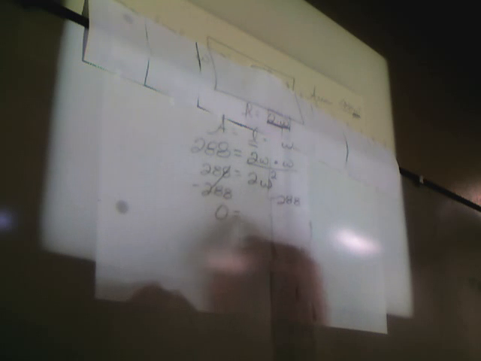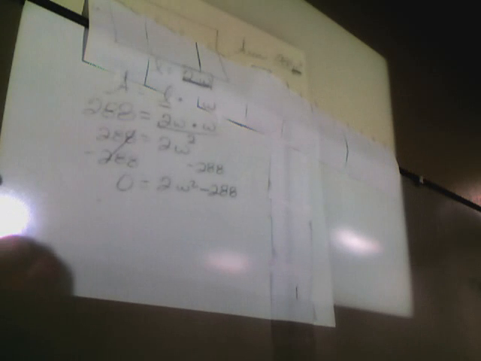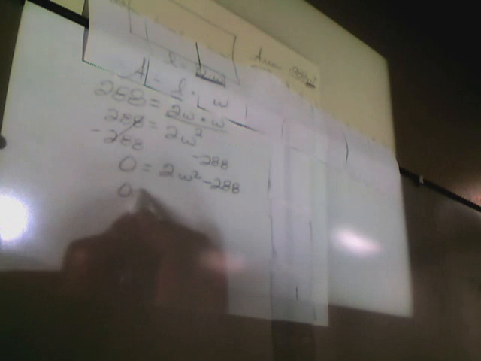So we have 0 equals 2W squared minus 288. Does this have anything in common? 2. So we'll factor the 2 out. So we have W squared minus, we divide this by 2, 144. That's a perfect square, isn't it?